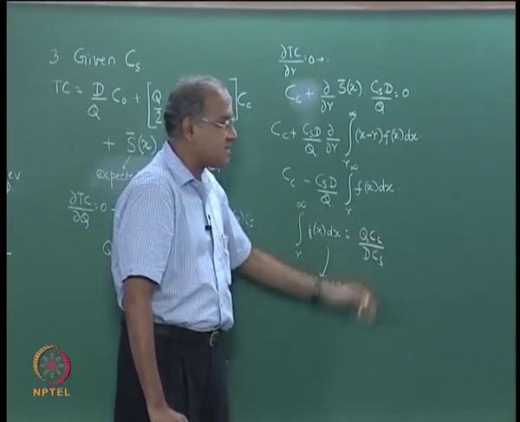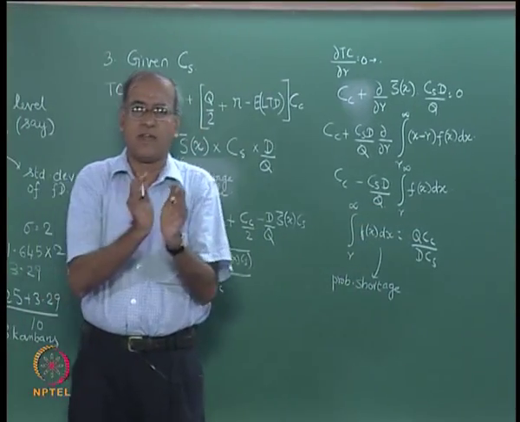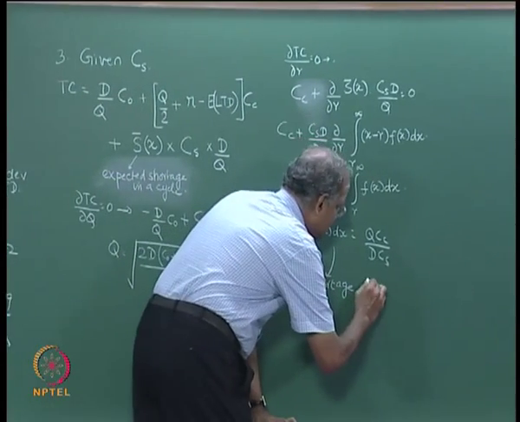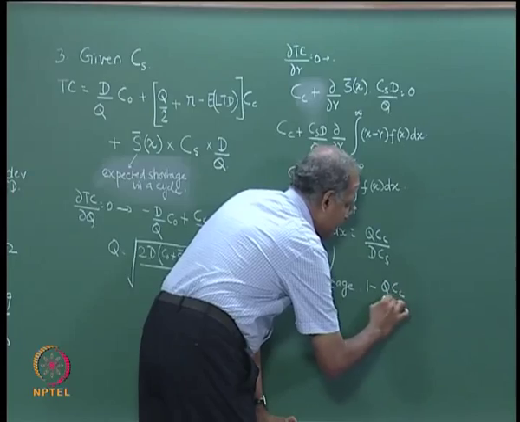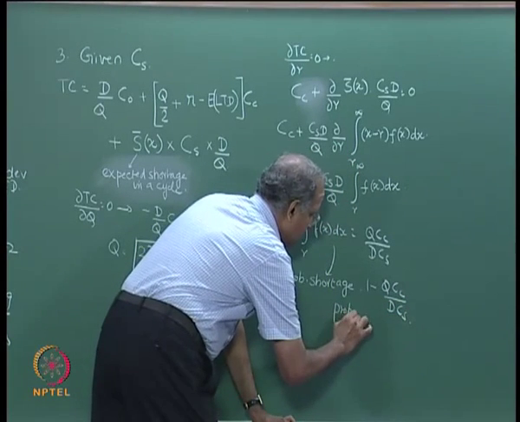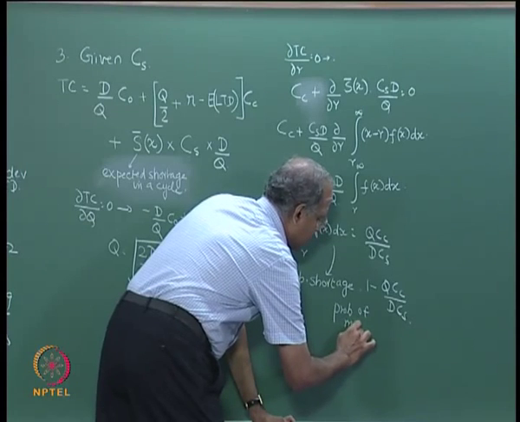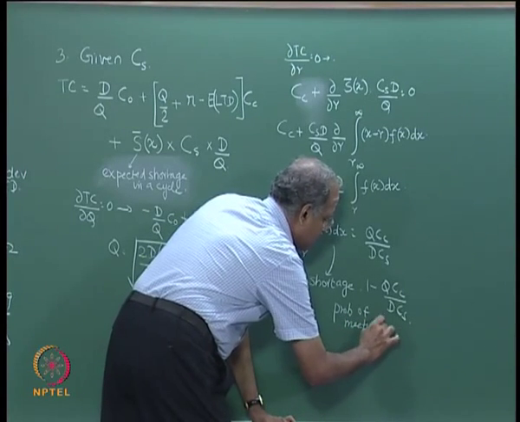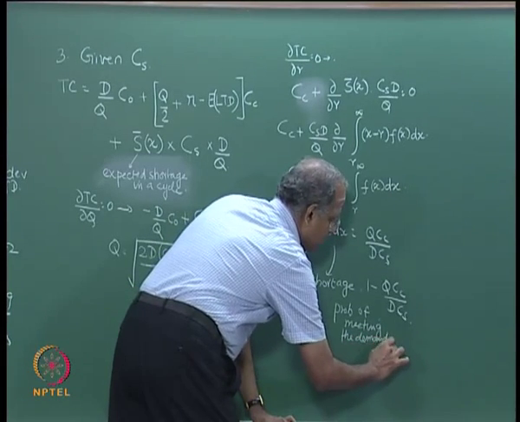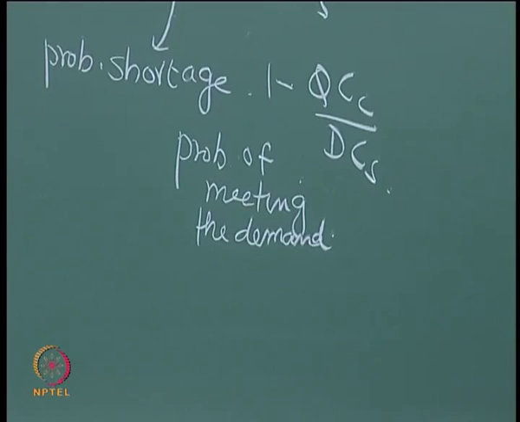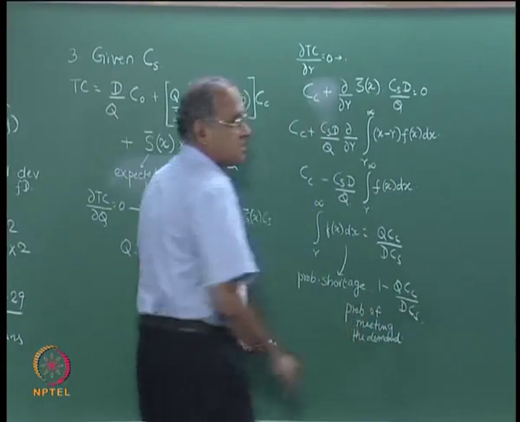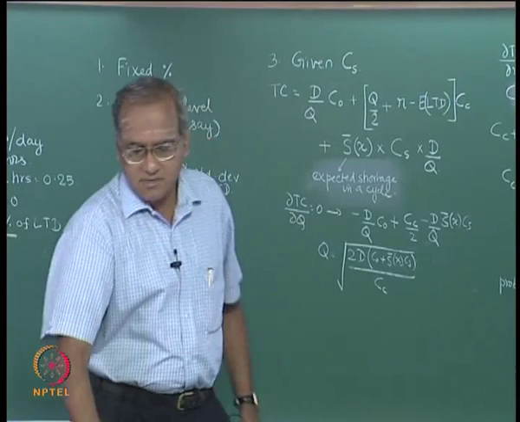So QCc by DCs does not have any dimension, it is just a number, and 1 minus QCc by DCs is the probability of meeting the demand. So this is how we derive this.